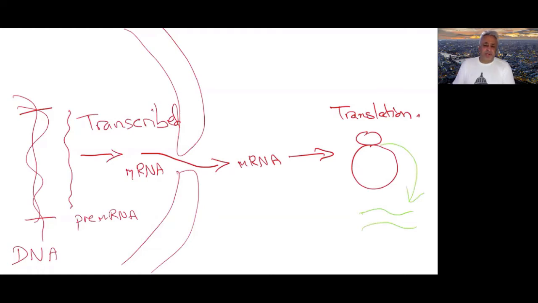Two proteins in particular. So we're going to intercept the system right here at this point. So this is a translational control point involving messenger RNA. So our focus will be at this location in this pathway of gene expression.